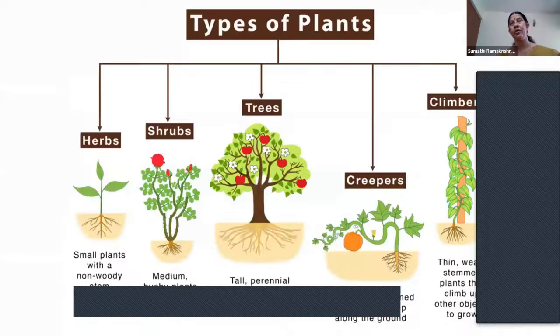You can explain about the roots. Now we have defined the parts of plants. Now we are going to talk about the types. While talking about this also, we can use common examples. We can ask them, have you ever noticed that all plants do not grow to the same height?